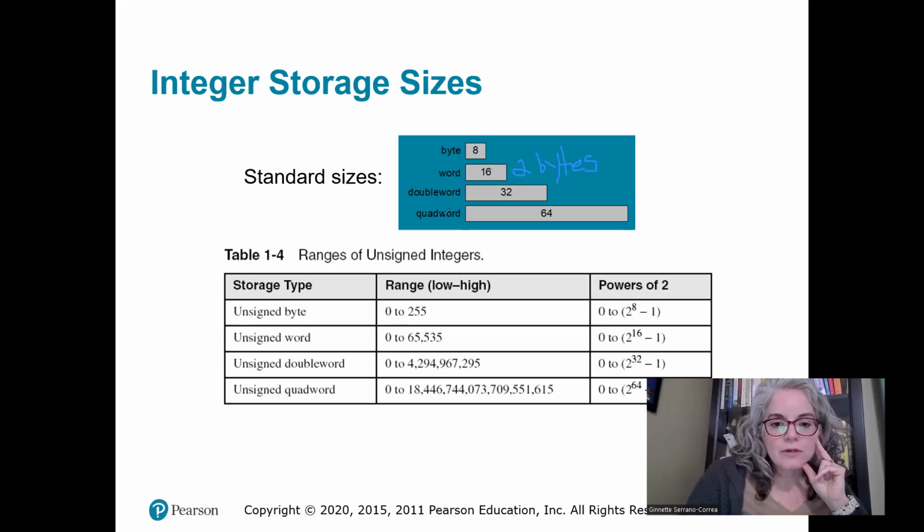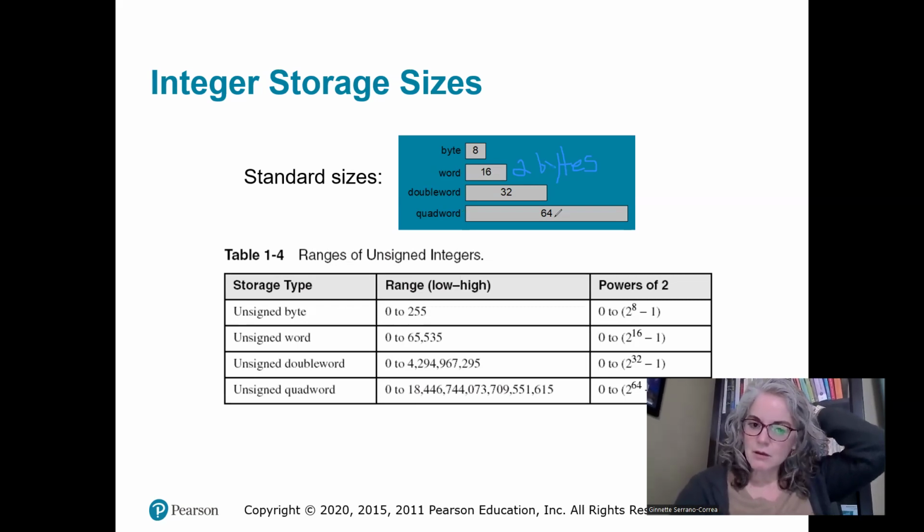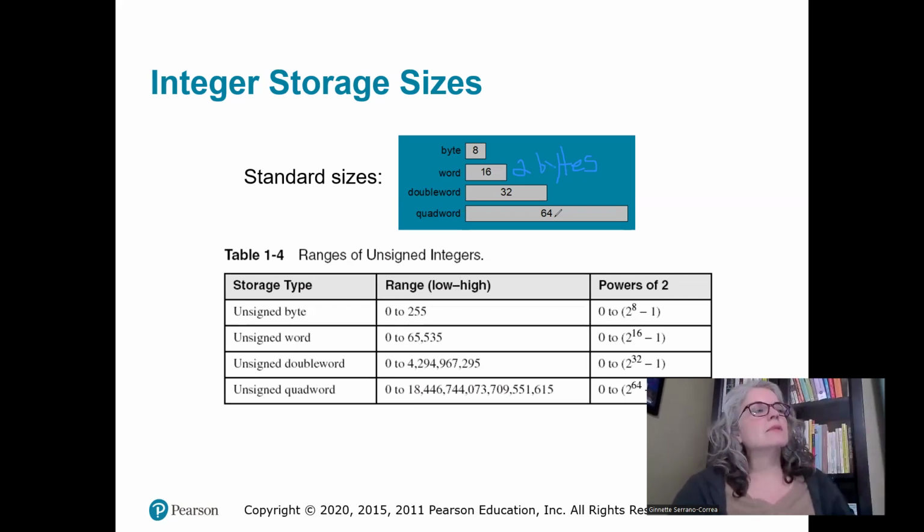And then quad word is 16 four times, because it's quad word. So 16 four times is 64. So these are the different sizes that we're going to be using for our memory locations, our storage, or variable, like we've been using that word variable in high-level languages.